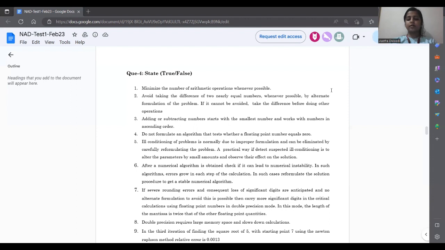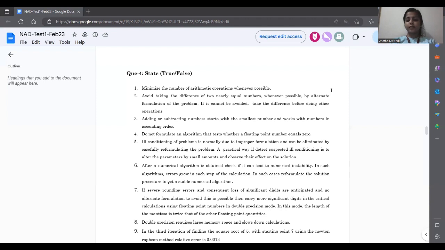Next benefit is robustness. Arithmetic operation can also lead to numerical instability and divergence, especially when dealing with large or small values. By minimizing the operations, we can reduce the risk of numeric instability and make the algorithm more robust. Next benefit is memory usage.